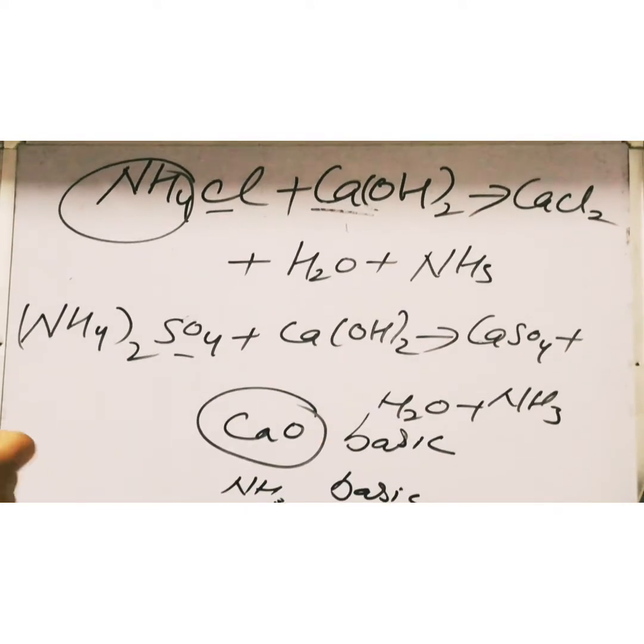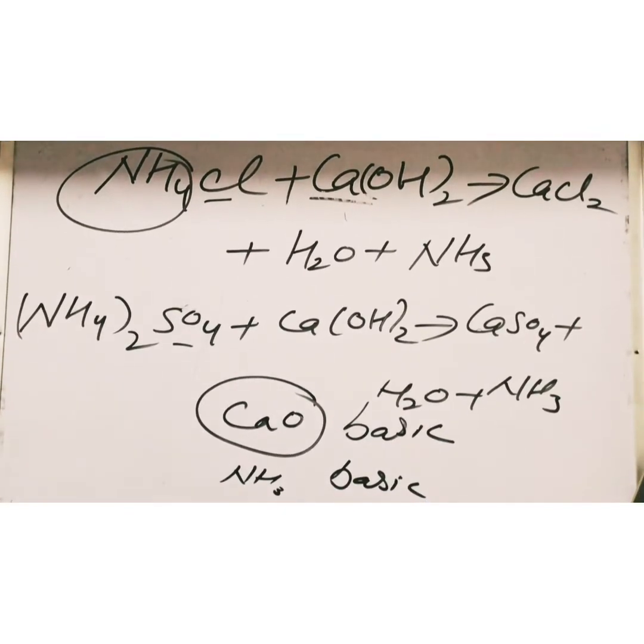In the board exam they can ask you a question: why is quicklime used as a drying agent for ammonia gas? The reason is that quicklime is basic in nature, ammonia is also basic in nature, so they will not react with each other. Another way they can ask: why are other drying agents not used to dry ammonia?